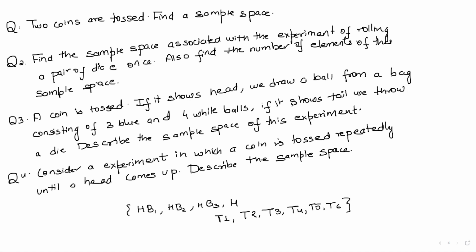No sir, in the sample space. Describe the sample space of this experiment. Yes, sir. Suppose we get a head. Okay, so it will not be only head. If it is a head, what do we have to do? We have to draw a ball. So HB1. Okay, sir.